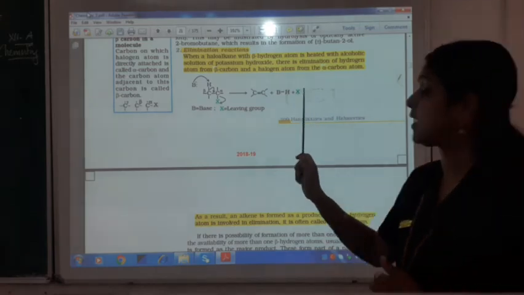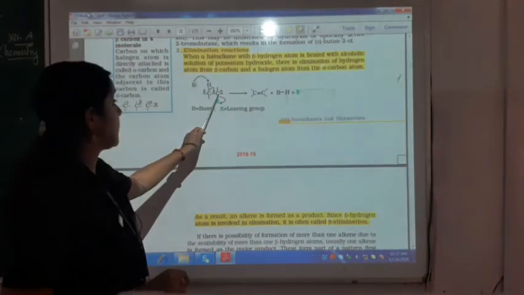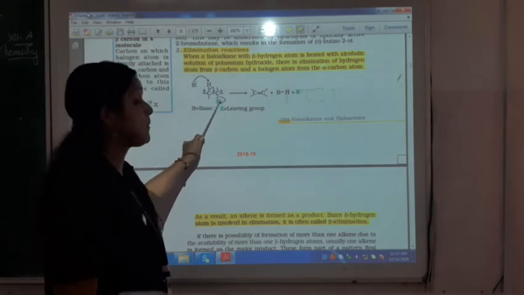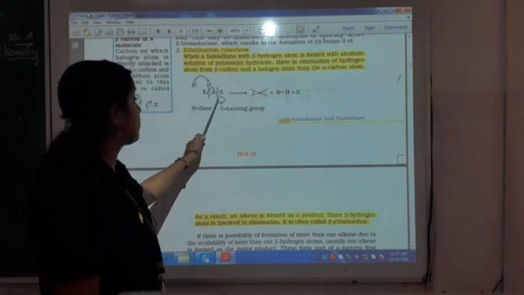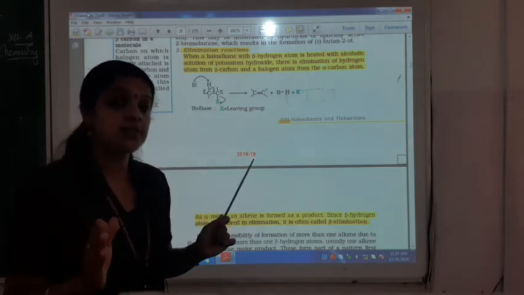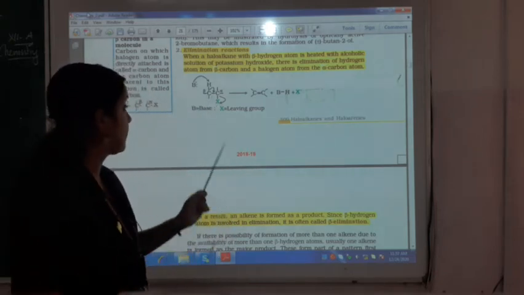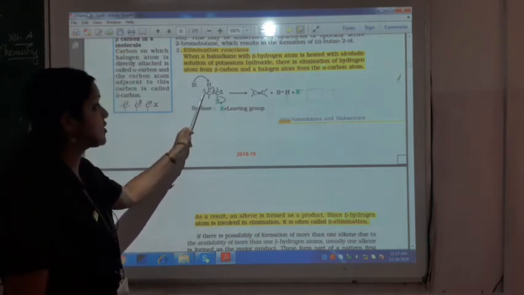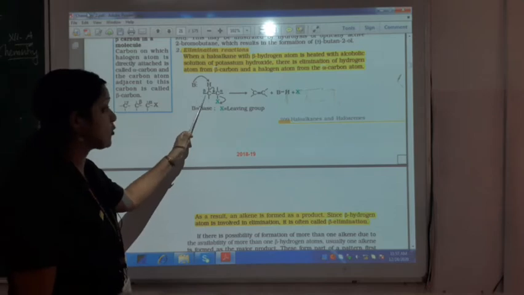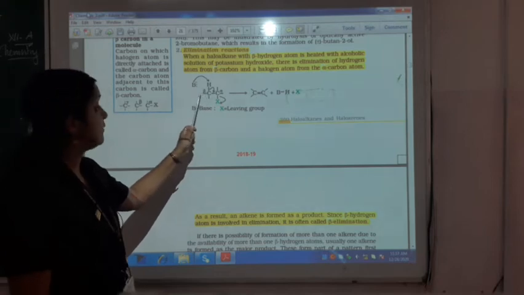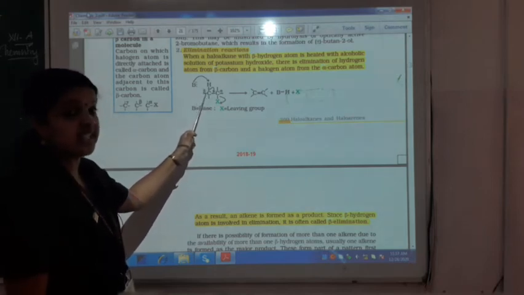See, you should understand, the carbon which is holding my halogen is actually my alpha carbon, or I would also say primary carbon. Now there is a carbon adjacent to the carbon holding the halogen, which we call a beta carbon. So that beta carbon will be the second carbon, the secondary carbon.